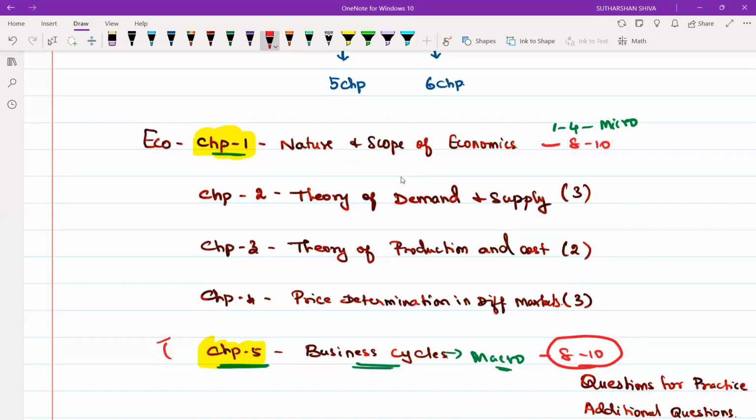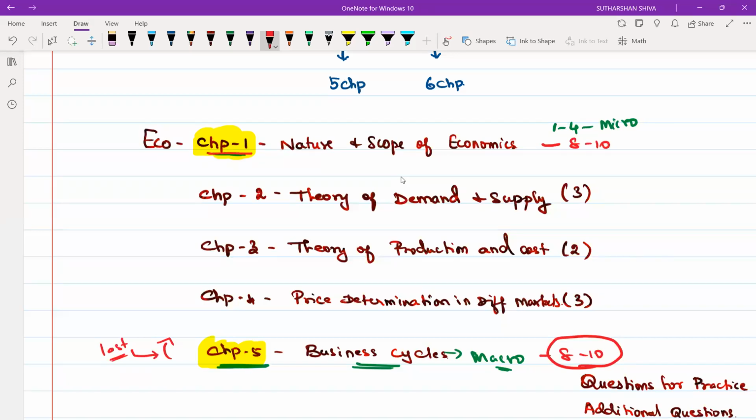In business cycle, at the last page of the syllabus, you will have the authors' names. Different authors have produced different theories of business cycle, and you can study that.